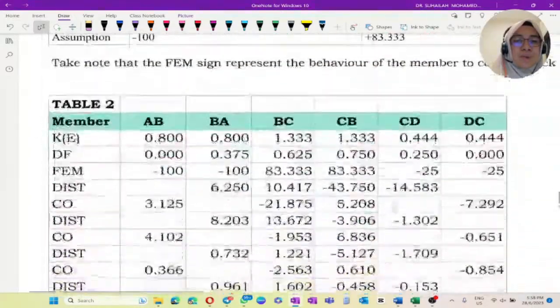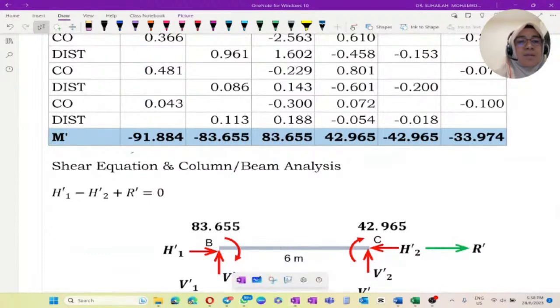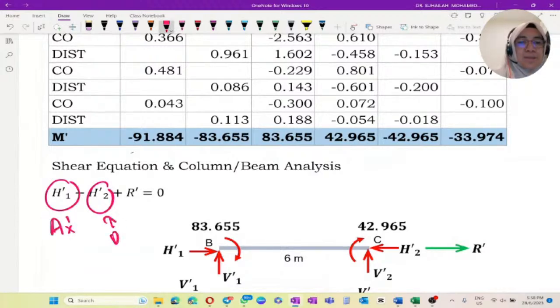The shear equation is this one. The shear equation is H based on the diagram just now. So it is H1, which is also equivalent to AX prime. So this is AX prime actually. This is DX prime. Okay, so we have AX prime as well as DX prime.